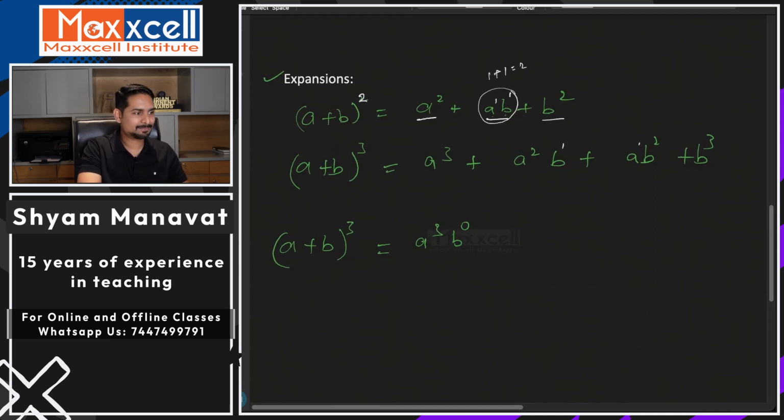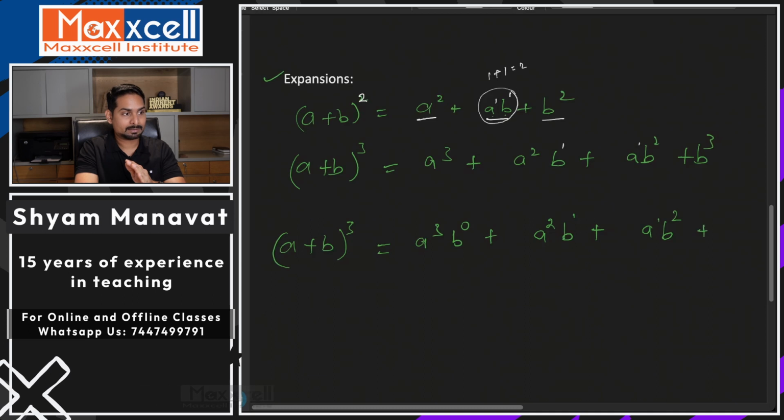3. Then you see the power of a is reducing by 1. Instead of 3, it becomes 2, and the power of b increases by 1, so instead of 0, it becomes 1. Then a was to the power 2, now it is 1, reduced, and the power of b increased.